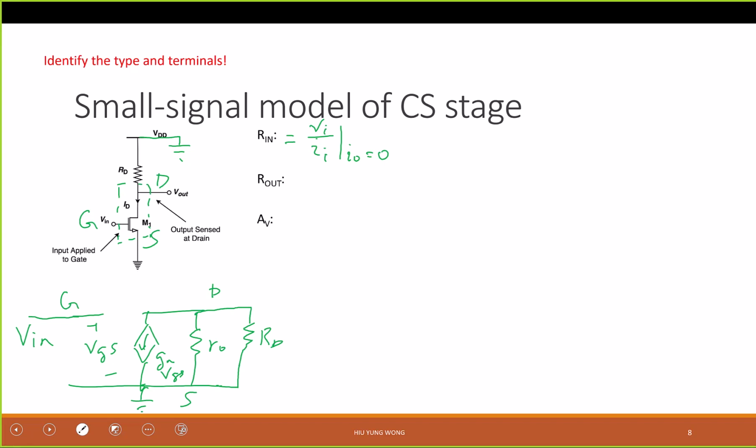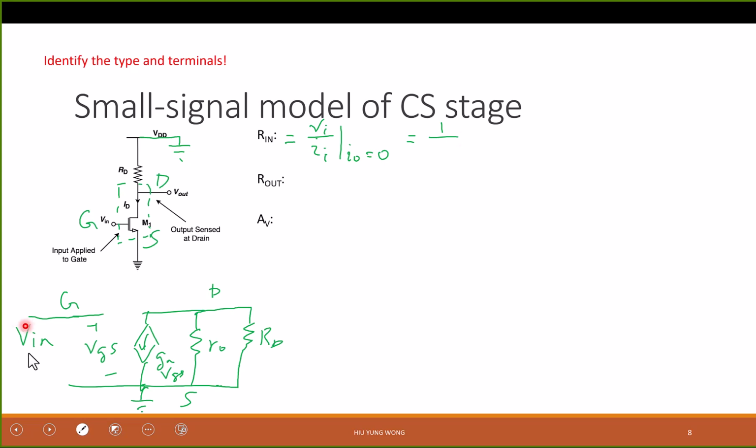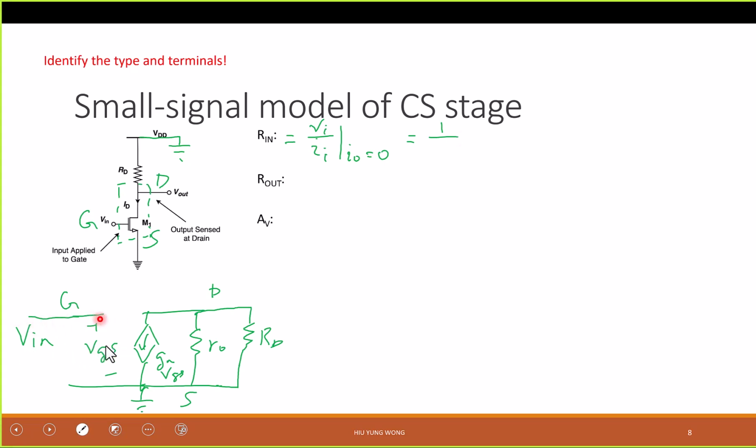So what is this? V in divided by I in. Looks tricky, but let's just apply 1 volt to it. What current do you get when you apply 1 volt to the input? Nothing. So the input impedance is infinity. There's no way the current can go through.